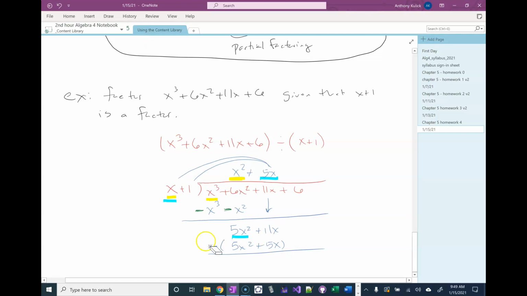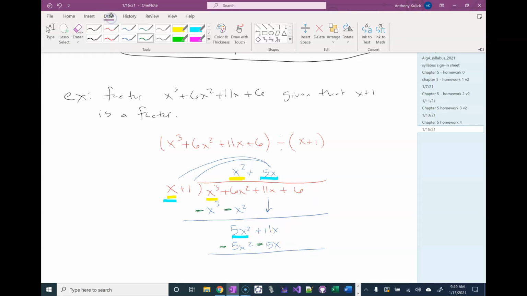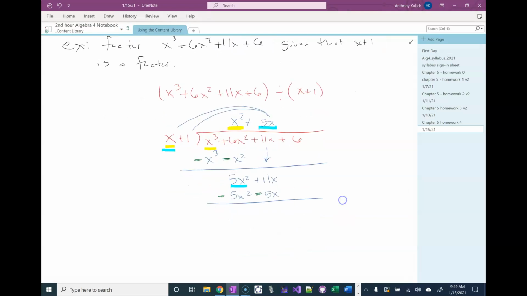And distribute that negative. So negative of a positive is negative. Negative of a positive is negative. And we can just add straight down. So 5x squared minus 5x squared is 0. 11x minus 5x is 6x. Bring that last piece down. And then go back to the top.